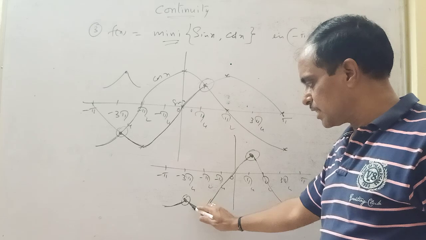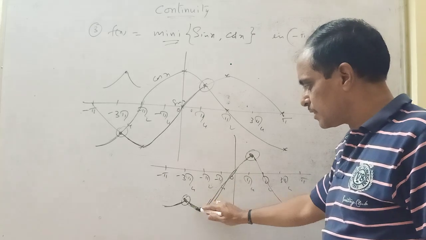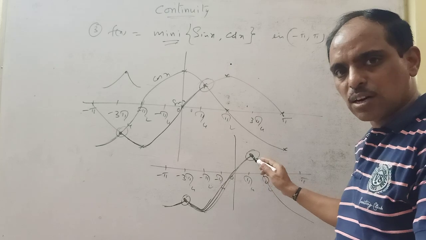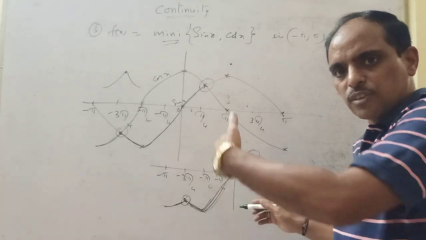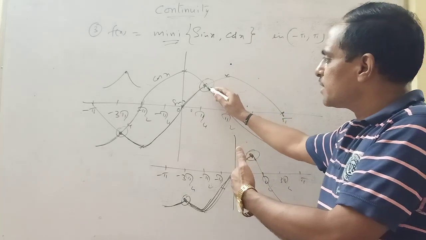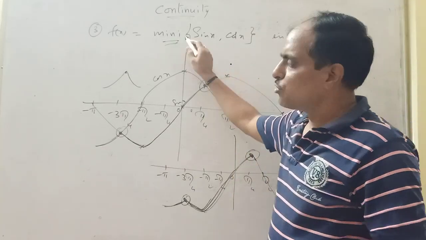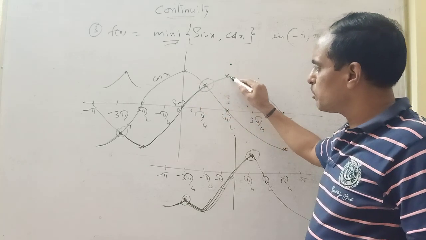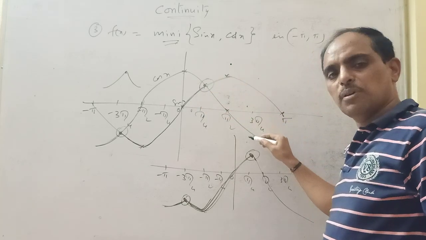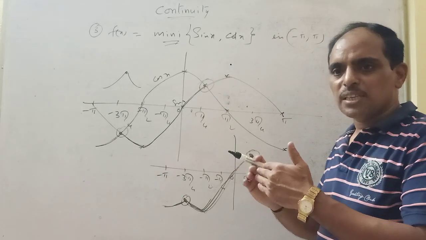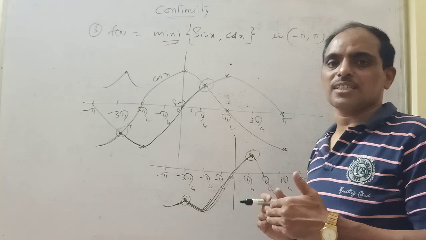Not this point. This is a single curve like this, moving like this. But suddenly here is the point where the cos x graph suddenly moves as the sin x graph, because we have to draw the minimum graph. So the sin x graph will move like this, and the cos x graph will be like this. Here is the point where sin x will have the greater value than cos x.